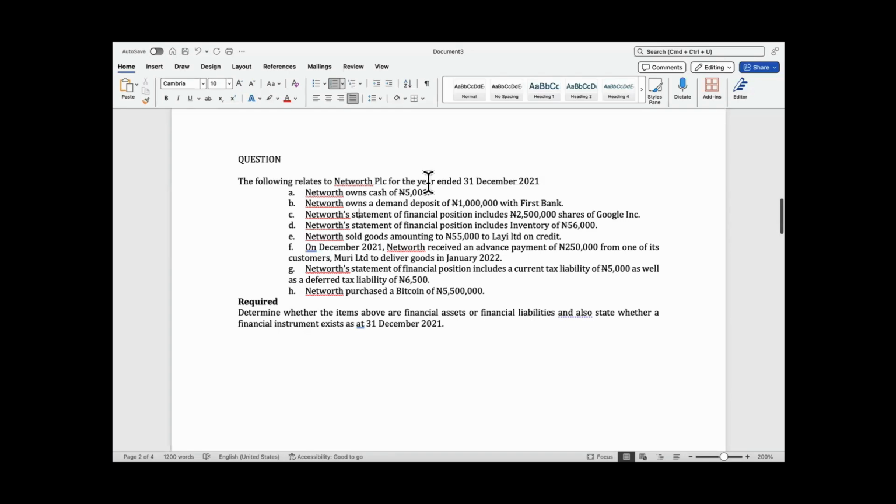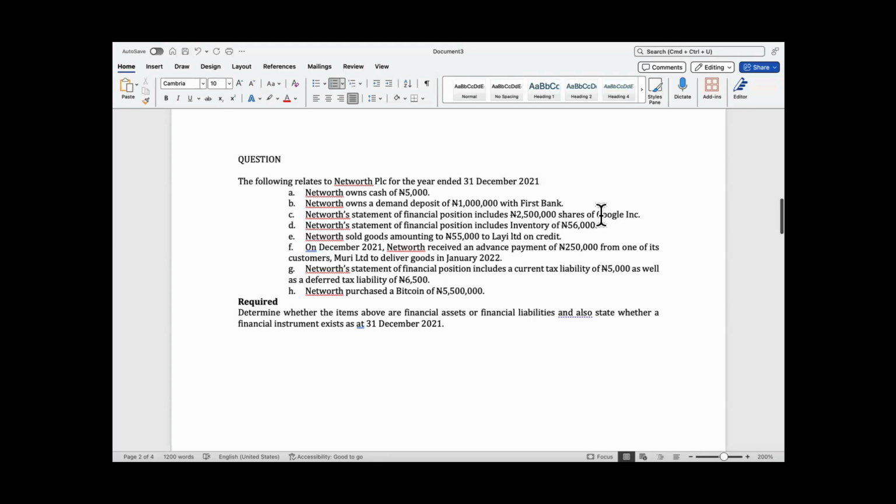Okay. Yeah, that's correct. Every other thing he has said is correct. Yes, he is right. Networth has a financial asset. That's an equity instrument of another entity. And a financial instrument exists here because there's another party, Google, that has an equity instrument. That was where he got it right.